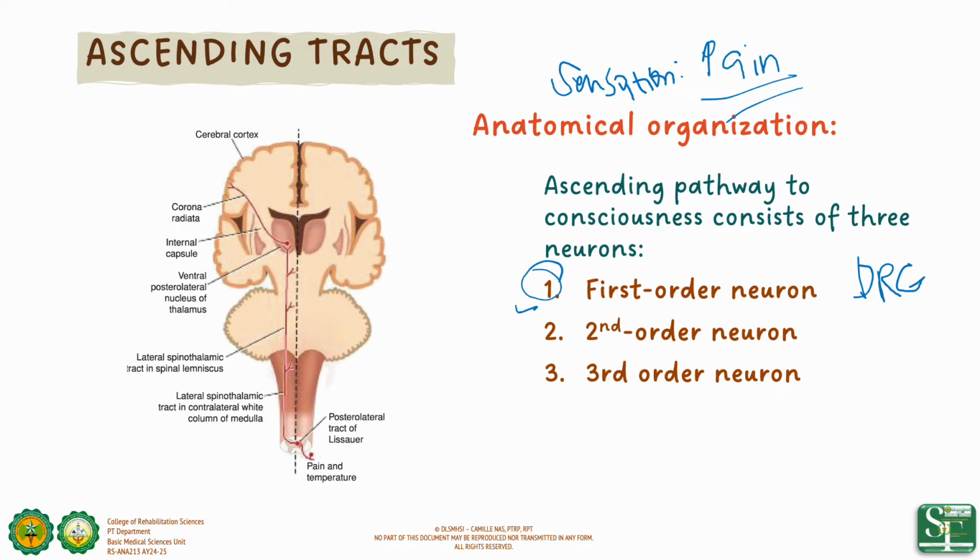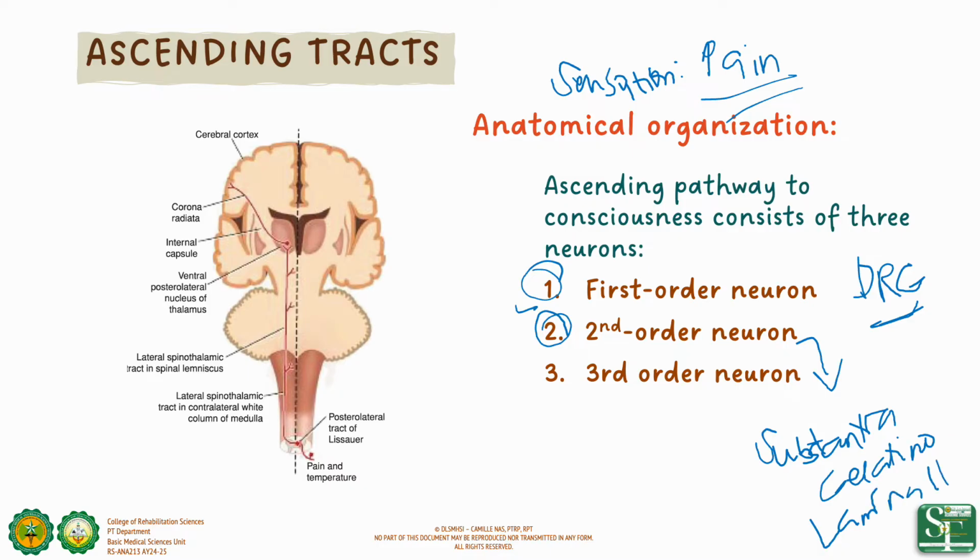Okay? So, the first order neuron is the DRG. Second order neuron, na-mention na natin to sa mga lamina. Within the spinal cord, sino ulit yung cell body responsible for pain? That's your substantia gelatinosa, or lamina 2. Okay. So, that's your second order neuron.